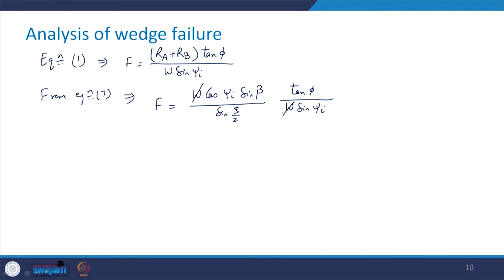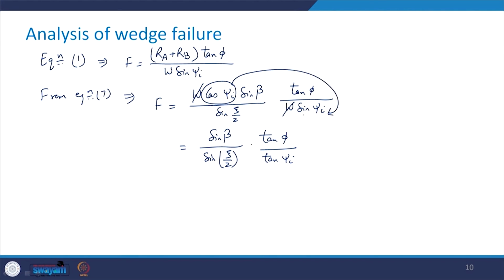So this W and this W will get cancelled, and you get the expression sin beta divided by sin zeta by 2 into tan phi divided by tan psi i. You see that this cos psi i, if it goes here, will make this term tan psi i. So this is going to be my equation number 8.